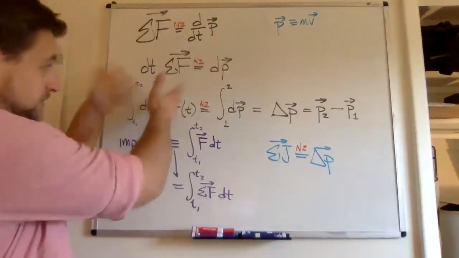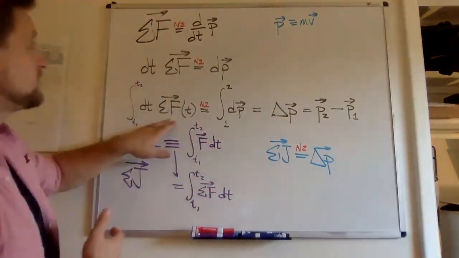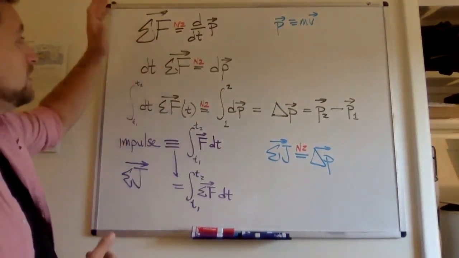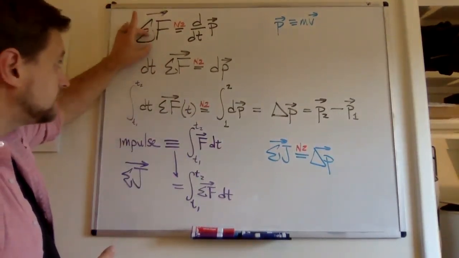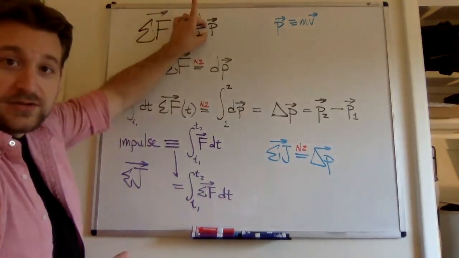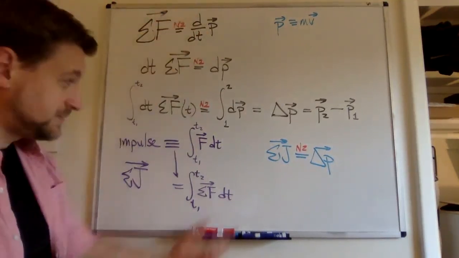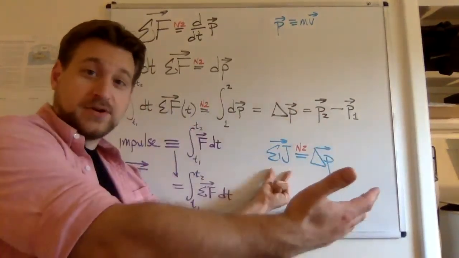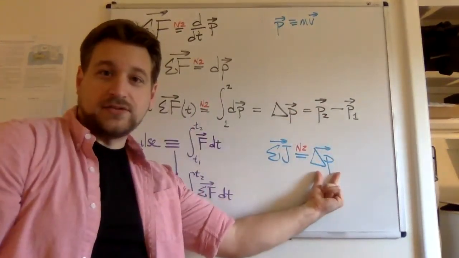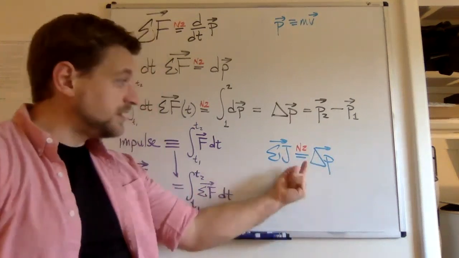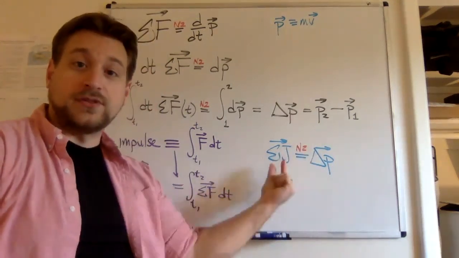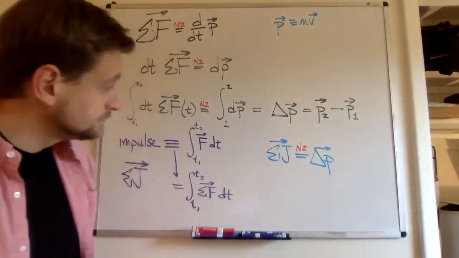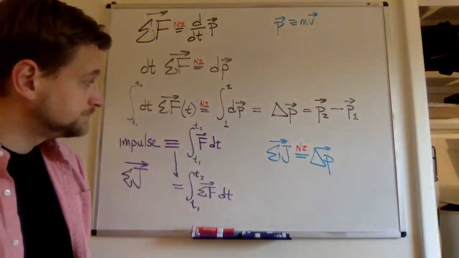Oh, it's a time integral now, but it's still a relationship between forces creating motion and the motion they create. Between impulse prompting motion and the motion they create. And it's Newton's second law that's doing the job of telling us that those two things are equal. Cool.